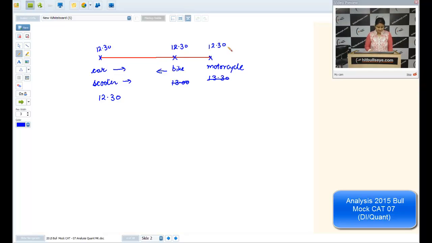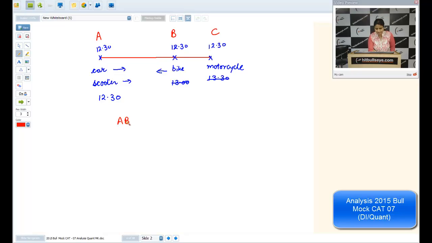Now I'm taking the very first line. It says the car overtook the scooter at 12:30, then met the bike at 13 and motorcycle at 13:30. Let these points be A, B and C. First of all, the car overtook the scooter at 12:30, then met the bike.